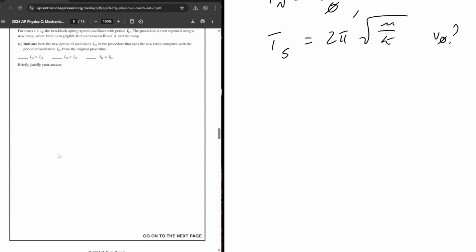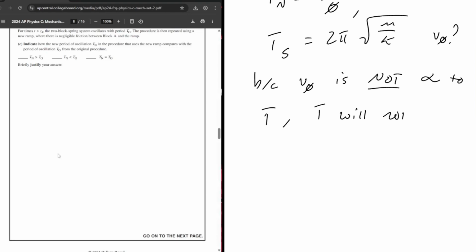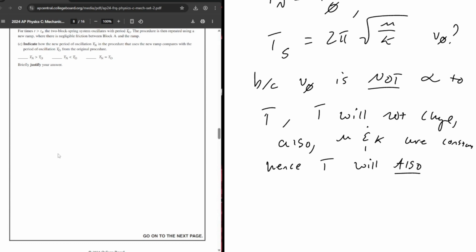No. So because v naught is not proportional to T, T will not change. Also, m and k are constant, hence T will also be constant.